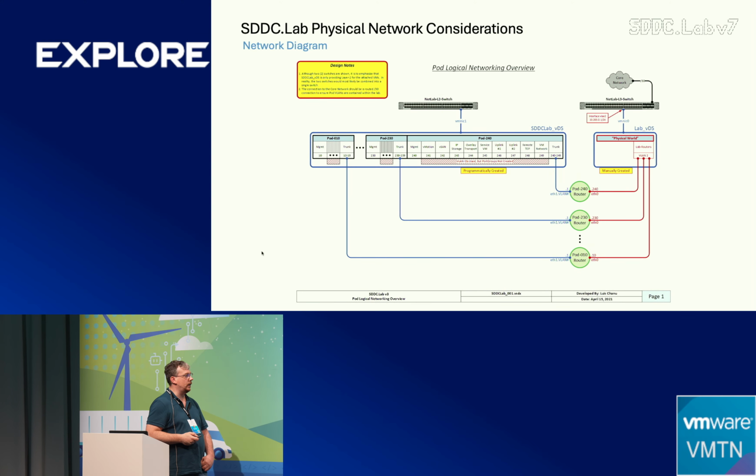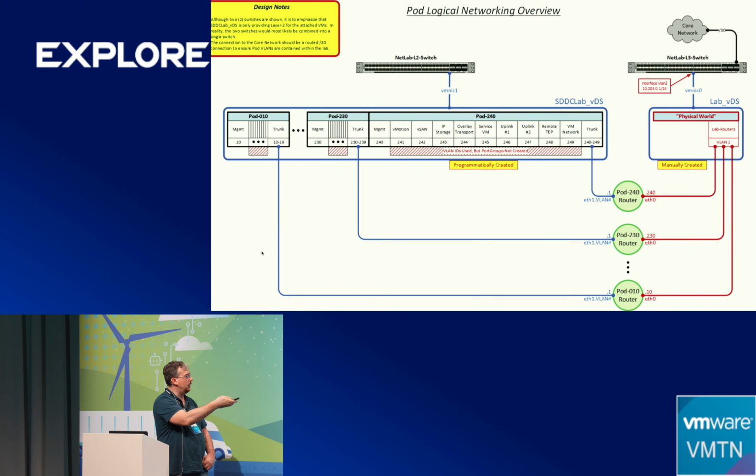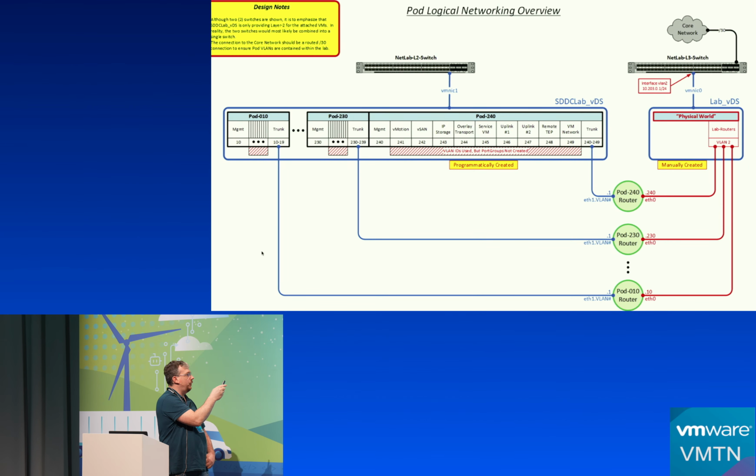Just to visualize that a little bit more. On the right side, we have your existing lab VDS. That one has one interface of the pod routers connected. On the left side, we have an SDDC Lab VDS. That's the one that we create with our scripts. And each router has an interface into that switch as well.